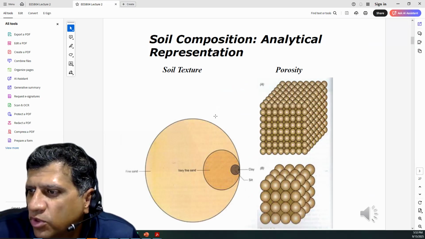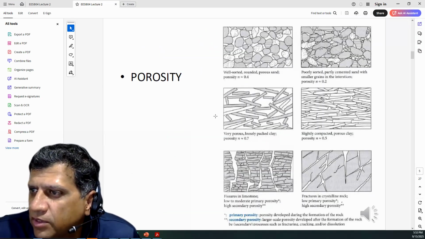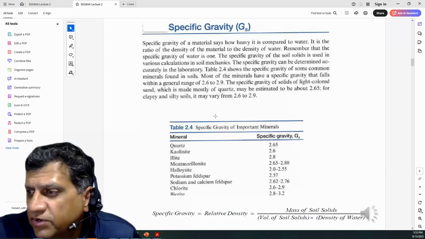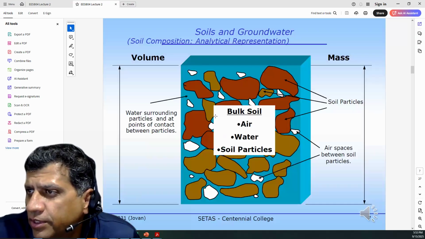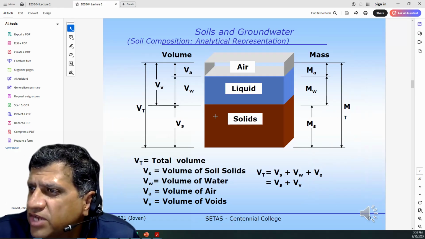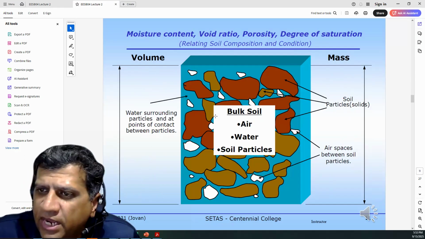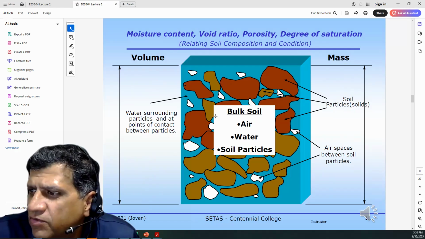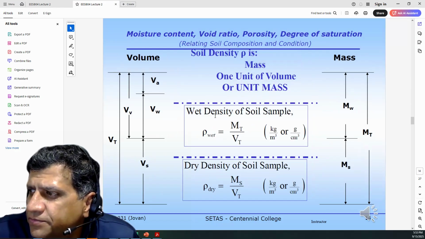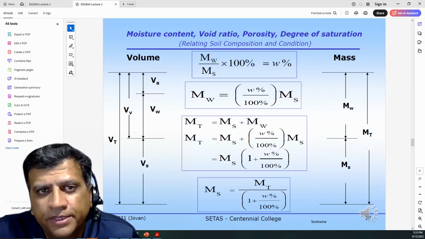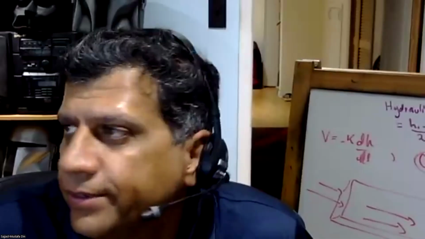We're going to be looking more closely at the porosity, specific gravity, what volume means. We're looking at phase diagrams for soil and groundwater, and how we start to perform some calculations. Okay, that's where we're headed next week.